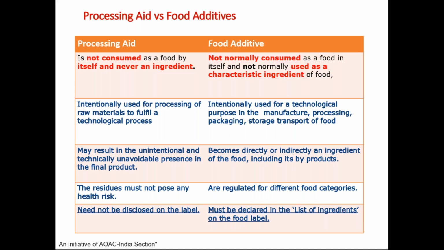And of course, the residue of the processing aid should not pose a health risk. FSSAI is in the process of releasing the list of processing aids that can be used for different food processing technologies, and soon will also come out with the standards for each of these processing aids.